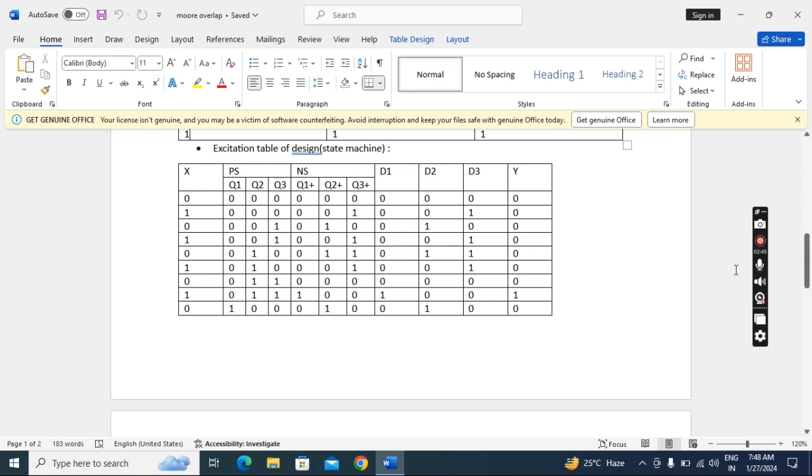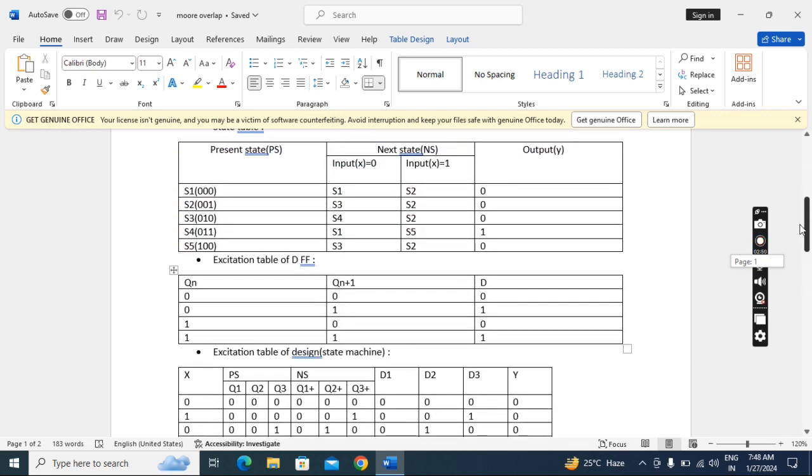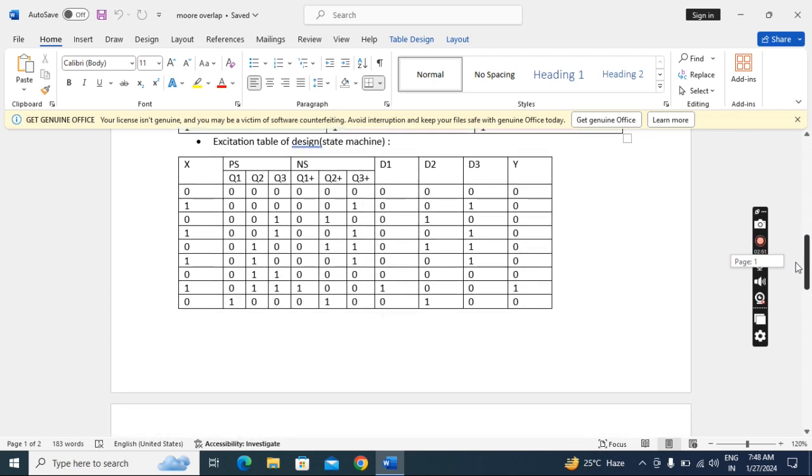We will check the states once. How many states did we get? See, total 5 states. The first state is 000. When the state is 000, the input can be 0, and when that state is 000, the input can be 1 also.